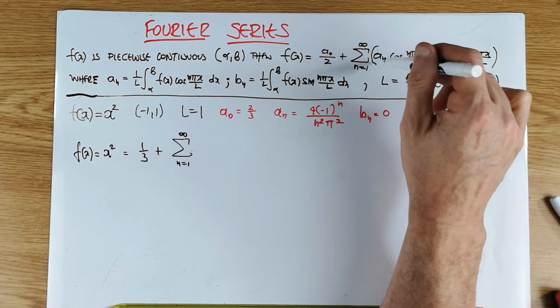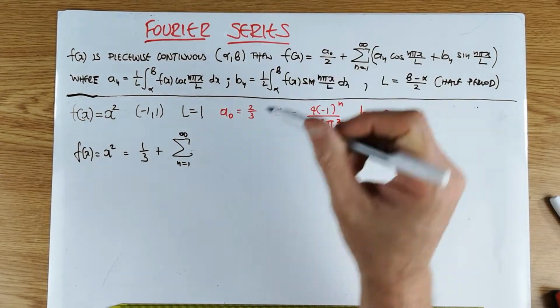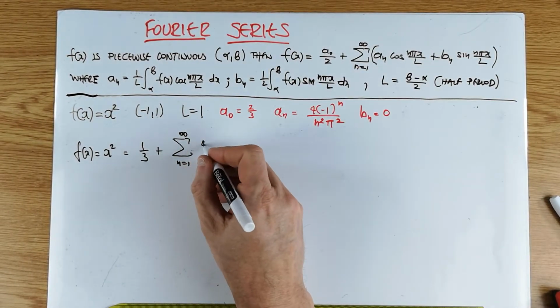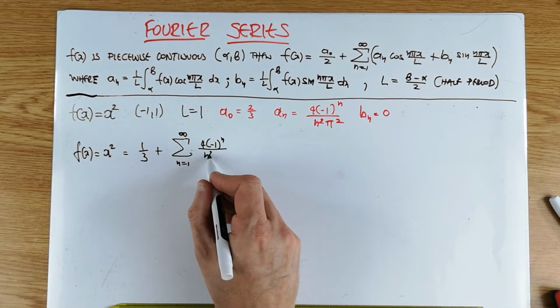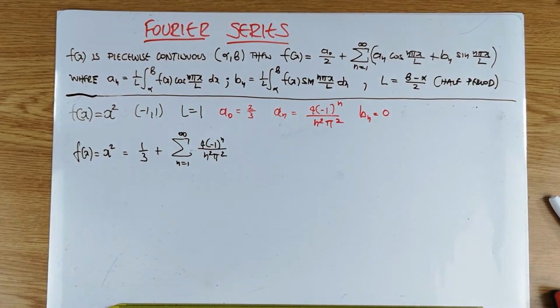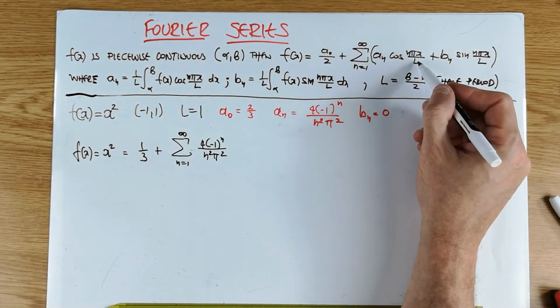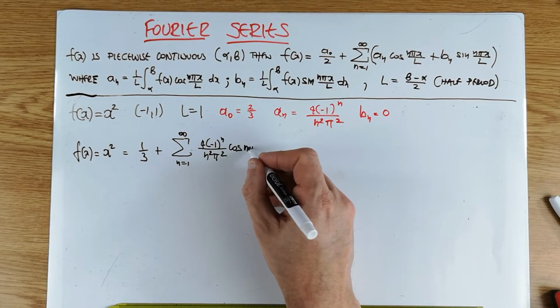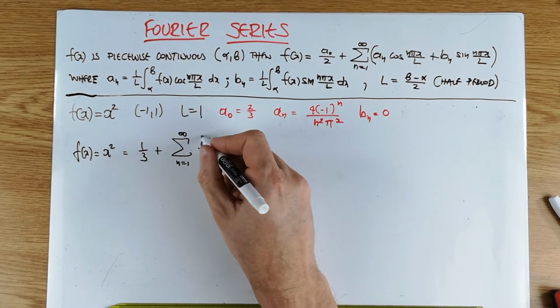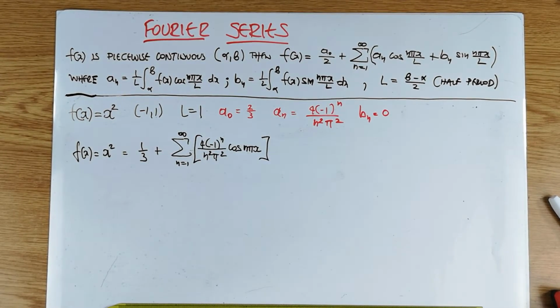It's just this coefficient that we've worked out to be 4 times minus 1 to the power of n over n squared pi squared, and of course, in our case, L is 1, times the cos of n pi x. And this is inside the sigma notation.